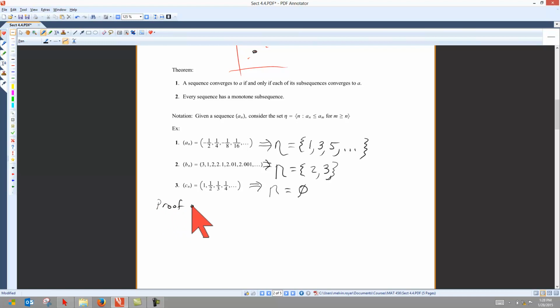So proof of 2. Let's do this by cases. Case 1, when eta for this sequence is infinite, as it was for sequence a_n.